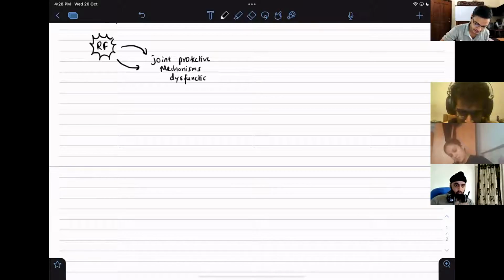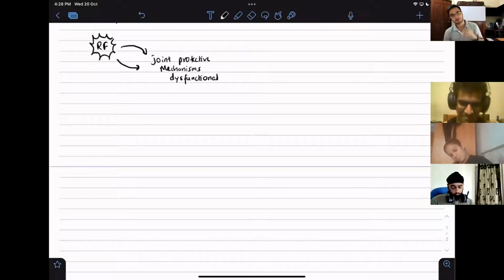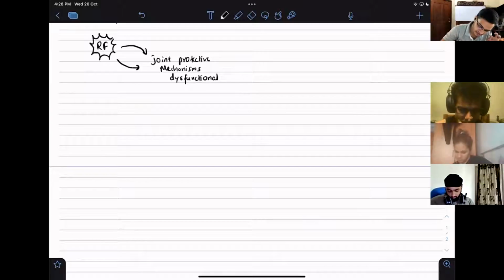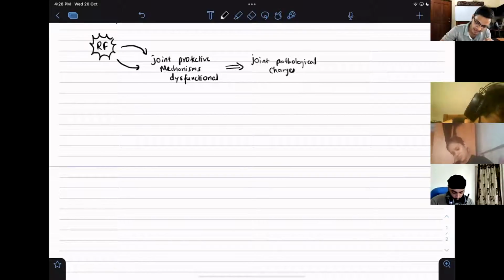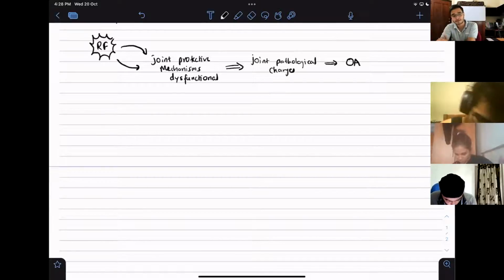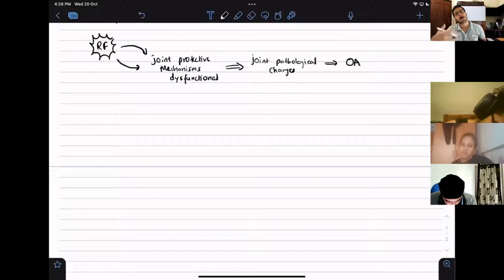We'll see what these joint protective mechanisms are. When the protective mechanisms are gone, that's when we get joint pathological changes, and that leads to osteoarthritis. This osteoarthritis can be early, mild or moderate, and it can be advanced disease. We'll talk about all of these.